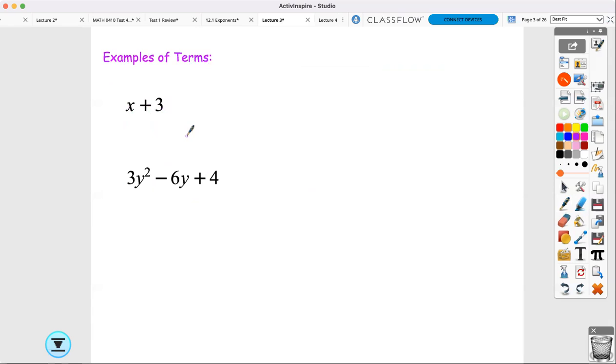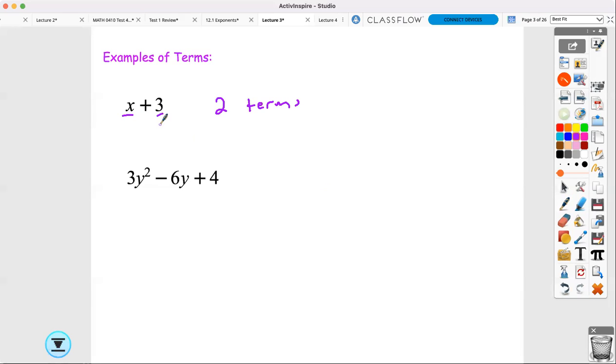If you don't know what a term is, just look at your notes. What did we say a term is? 2. There are 2 terms with x plus 3. That's correct. The x and then the 3.